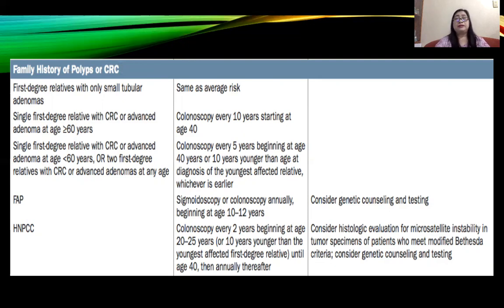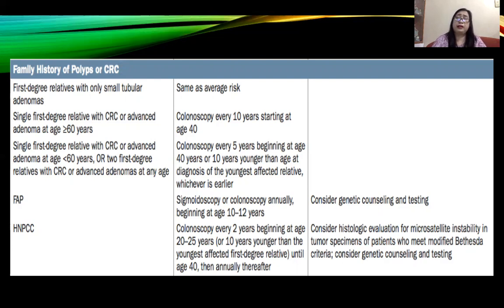So that means you have to get the index age of the patient. That means the youngest member of the family who had a history of colorectal cancer or advanced adenomatous polyps will be the basis. Minus 10 years, their age should be the basis of the start of the screening procedure for colonoscopy.